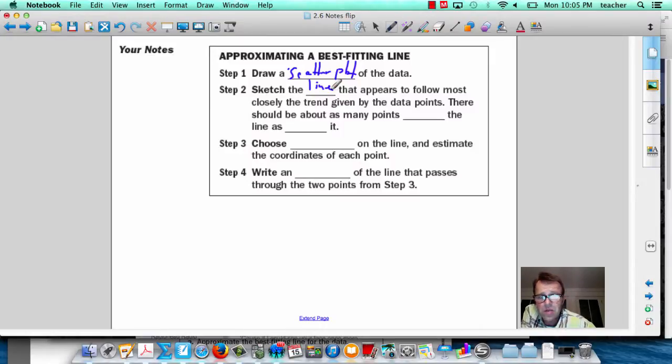Again, that's tricky. We saw that with the spaghetti lab, trying to fit your ruler to best put all the points on one line. There should be about as many points above the line as below.